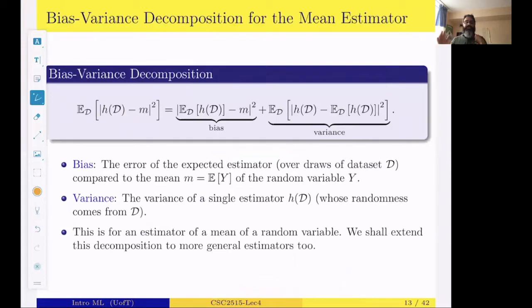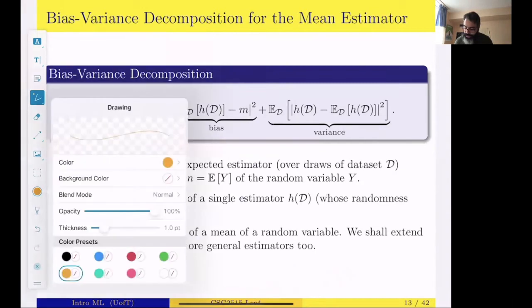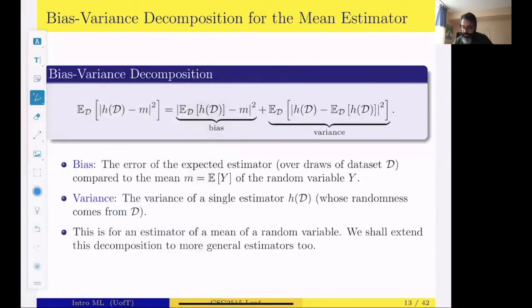So if we do all this simplification, making the inner product equal to 0, and doing the other simplifications that we had, arguing about the expectation of something that is not random, we get these two terms. We can write the expectation of our estimator minus the true mean, which we don't know, squared, as these two terms. The first term is called bias, and the second term is the variance.